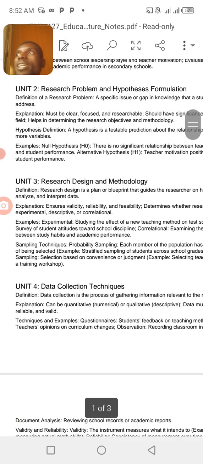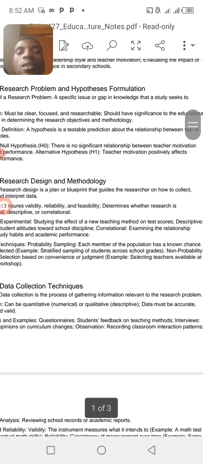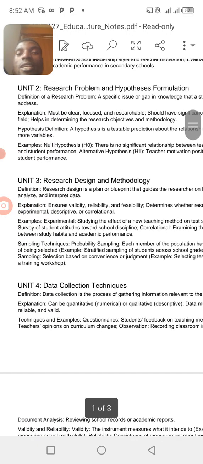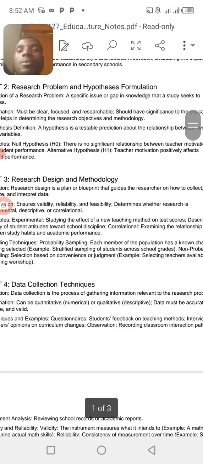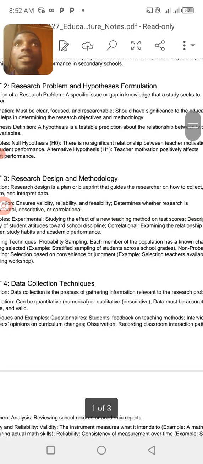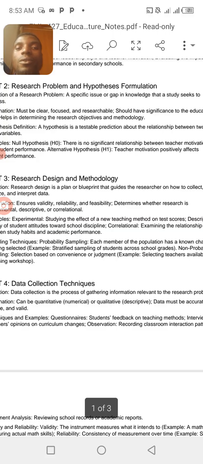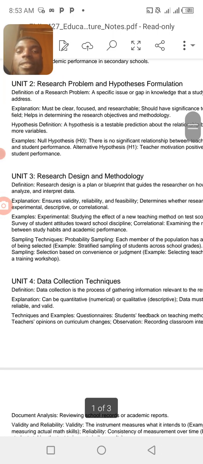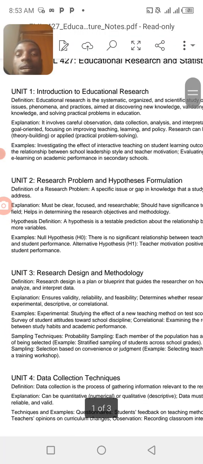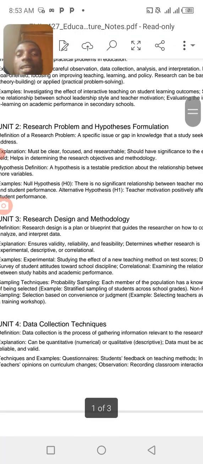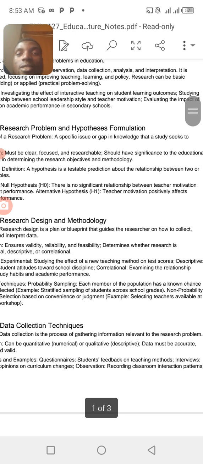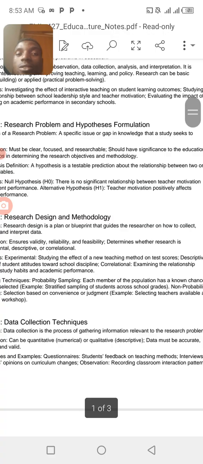It's a specific gap in knowledge that a study seeks to address. When there is a gap, a specific issue in the knowledge that a study seeks to what?